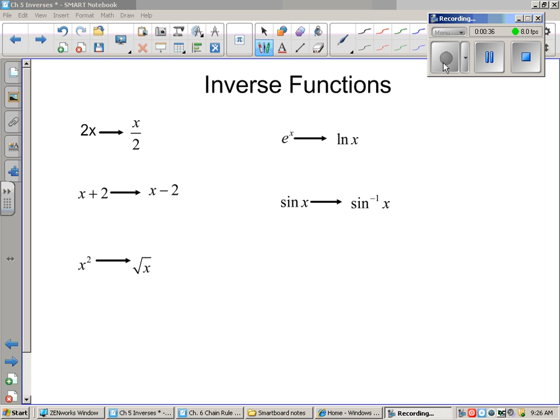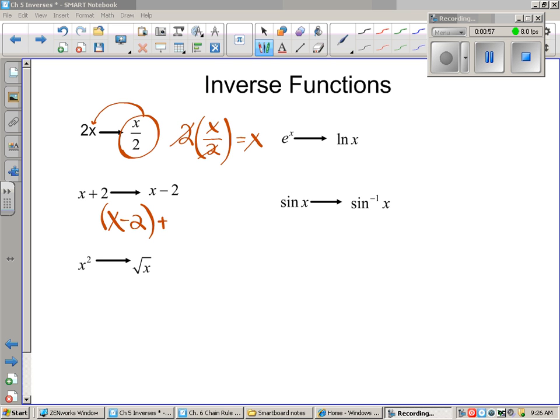Now what I want you to notice about functions, and inverse functions in particular, is what this basically means is, if I was to take this inverse function and put it in place of x, so I would have 2, and in place of x, I would put the inverse function, what should happen every time is I should be able to get the same result no matter what the functions are that I'm dealing with. Every single time, if I take the inverse function and put it in place of that x, what do you notice?